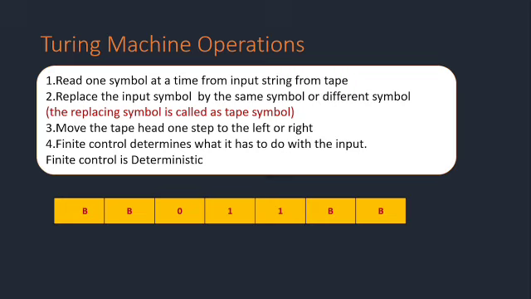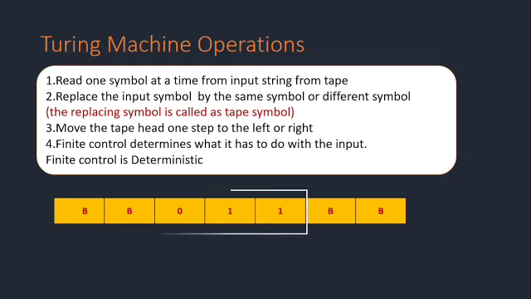Now, this diagrammatic representation I have shown here is the input tape. Now you can see that there are three symbols inside that. We have a string 0, 1, 1. Now these three symbols, this input, has been fed inside the input tape. Now we can see blank symbols on the left and right side of the input string.